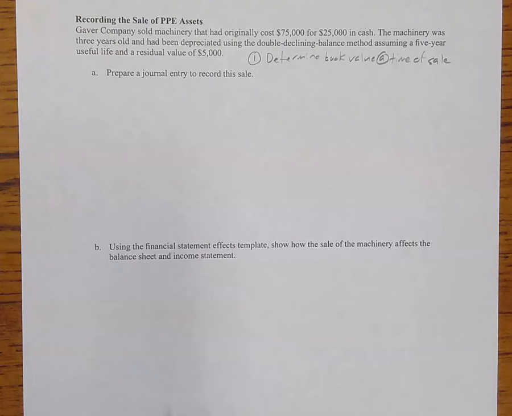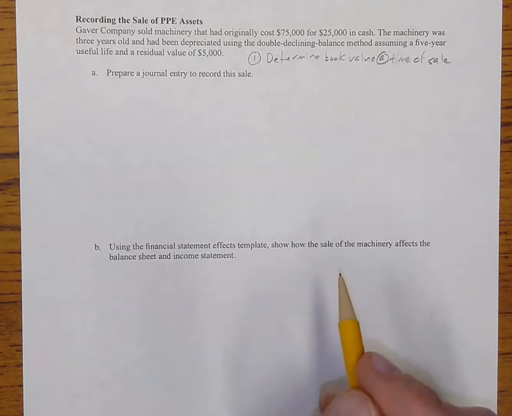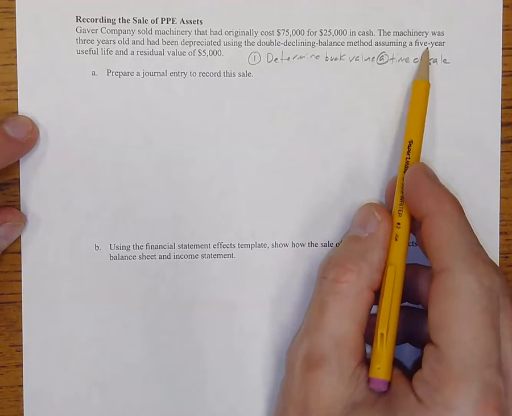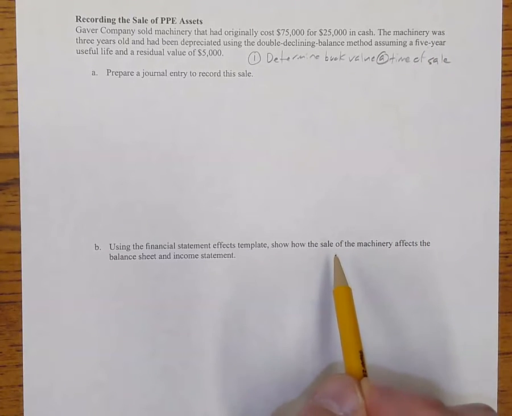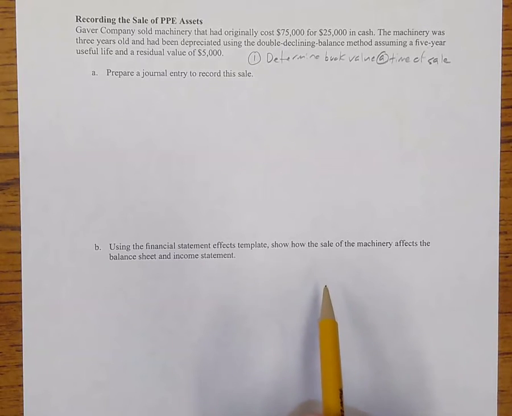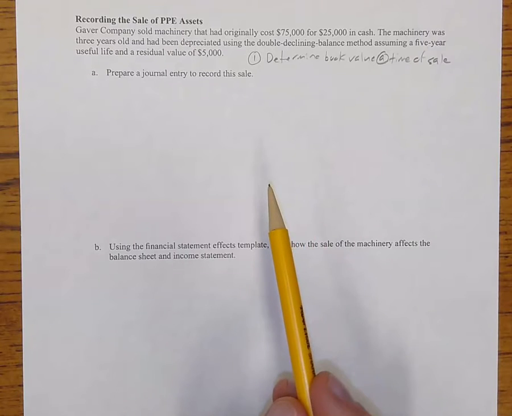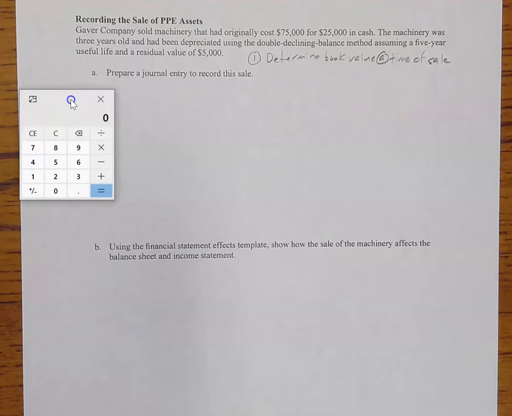We're going to do our work right over in this area. And so notice that we have a 5-year useful life. And because we have to depreciate this asset for 3 years to come up with the book value at the time of sale, I think it would be helpful to convert our useful life into a percentage under this double declining method.